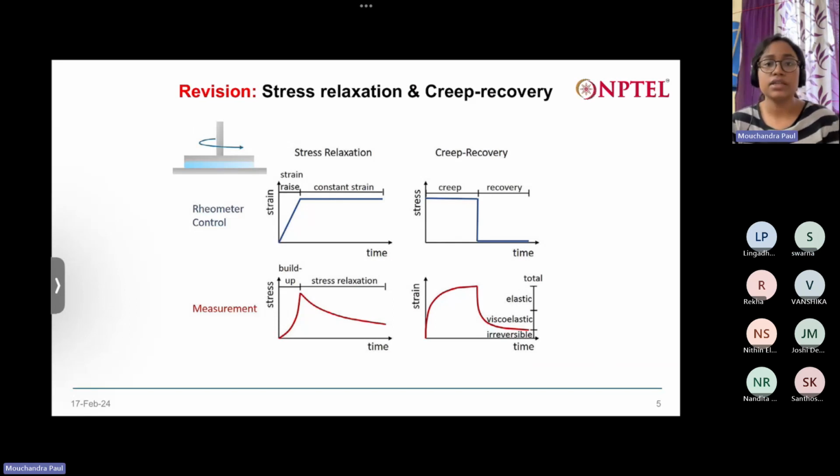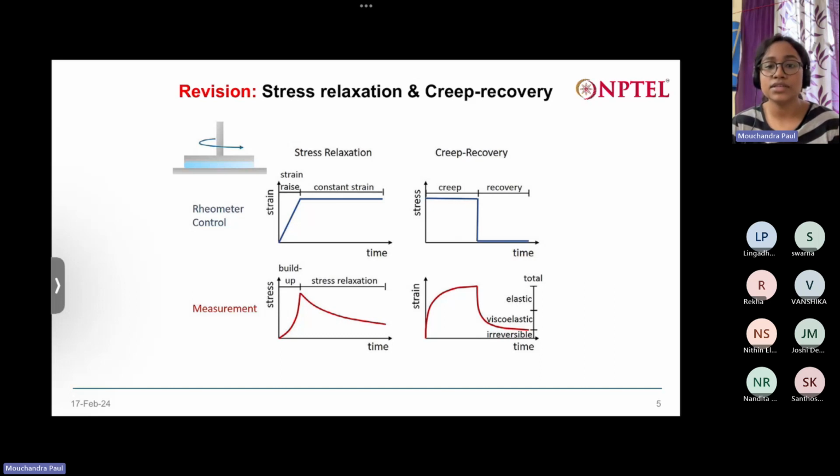In last week's session, there was a query: a few students were facing some difficulty in understanding the expression for creep, or creep recovery, phenomena.